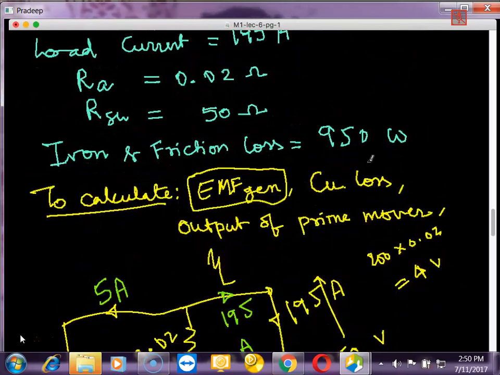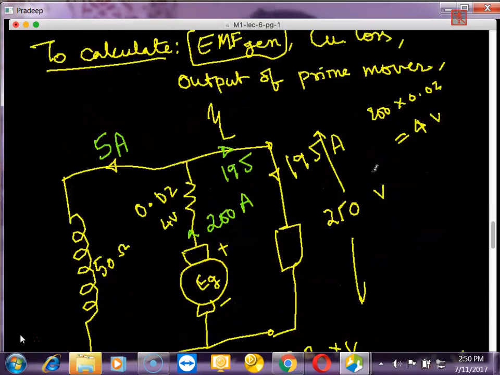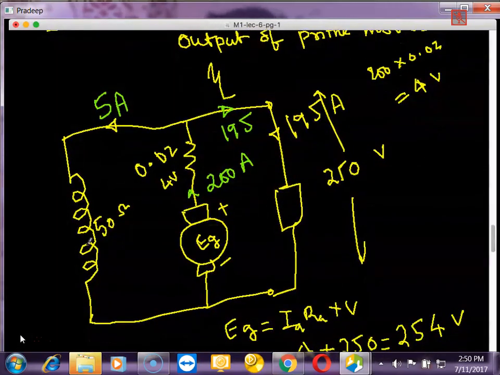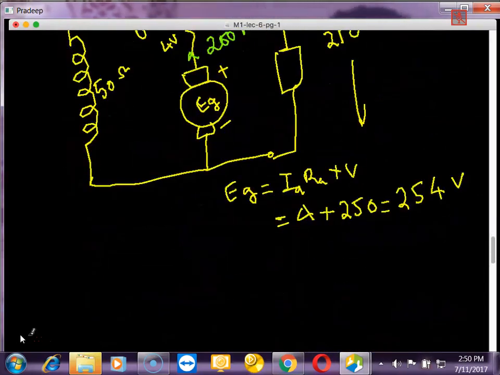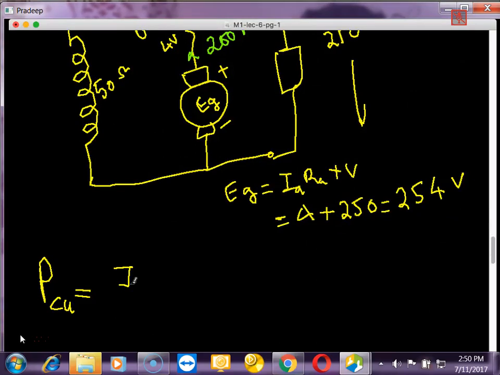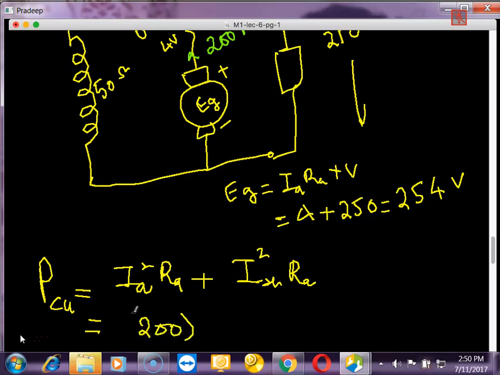Next, what is the copper loss? Copper loss will be in two places. One loss will be in the field winding, other loss will be in the armature winding. Therefore, copper loss PCU is IA square RA plus ISH square RSH. So IA is 200 amperes square multiplied by 0.02, plus shunt field winding current is 5 amperes, so 5 square multiplied by 50 ohms.